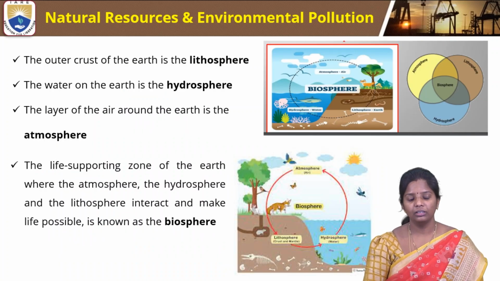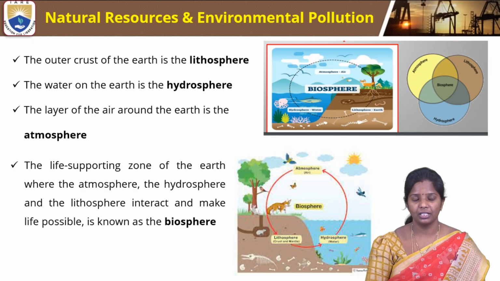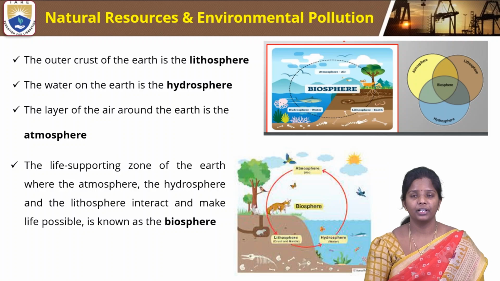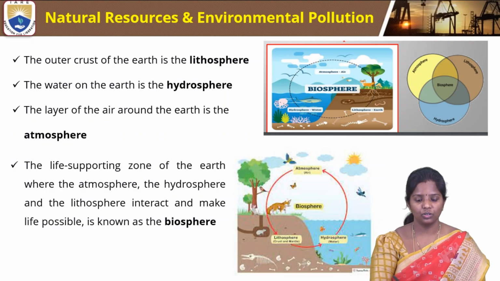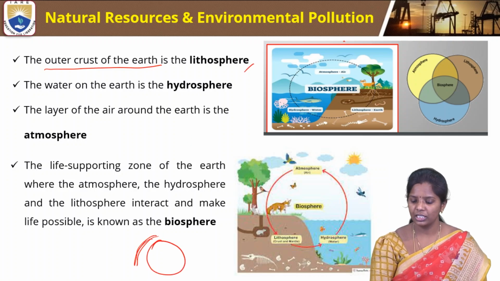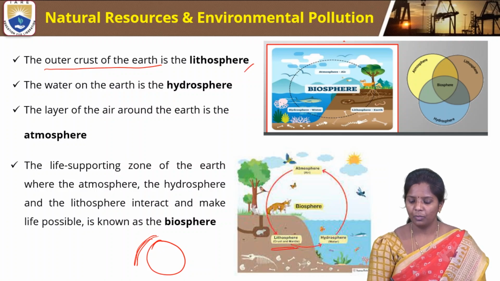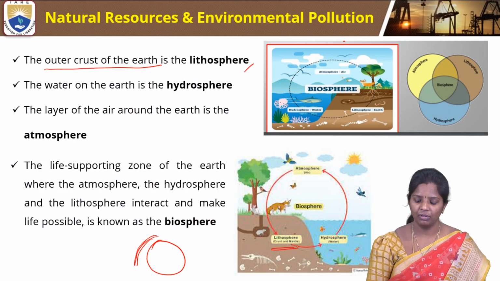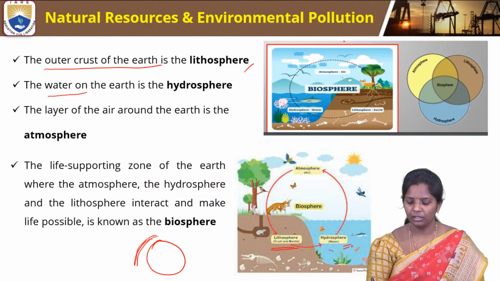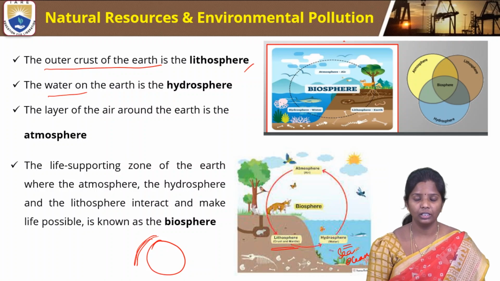So on the Earth, we have different spheres, like layers of ingredients or components that we are using in different ways. The outer crust of the Earth is the lithosphere. This lithosphere contains the land or the soils that we are using for our purpose. Water on the Earth is the hydrosphere: the oceans, seas, rivers, lakes and all come under this hydrosphere, the water bodies.